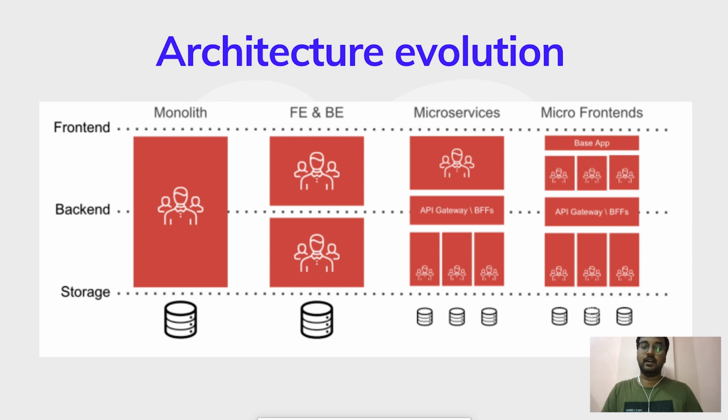we have an architectural revolution that took place in our web design system. Initially, we had something called monolith. In a monolith, each and everything is created by a single team. There is no separate front end and back end. Everything related to the software is developed by a single team without separation of roles based on the technologies.